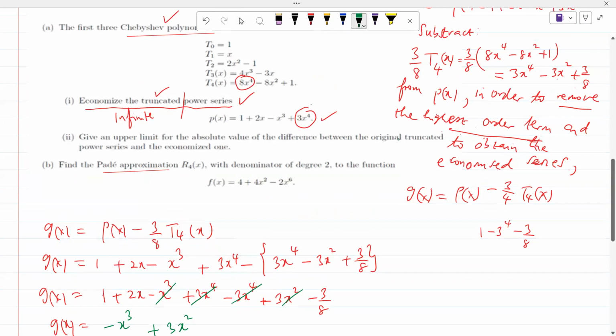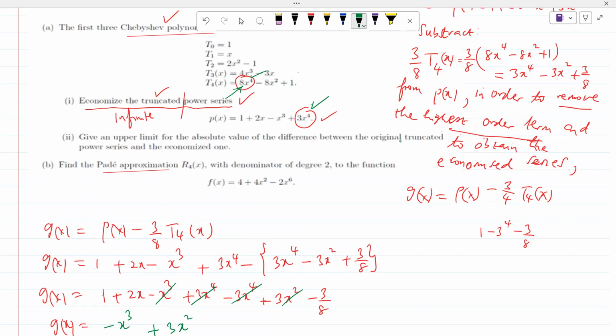What is the highest order term here? It is 3x to the fourth power in P of x, the targeted power series. But in T4 of x, the highest order term is 8x to the fourth power. So we want to make the 8 into a 3 in the T4 by multiplication.